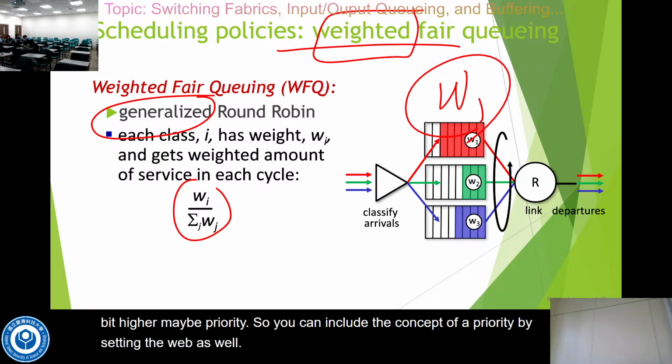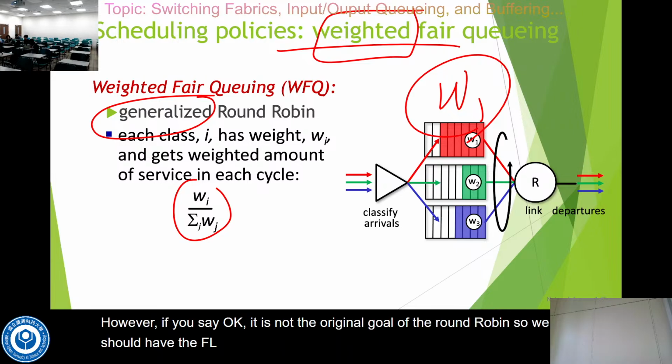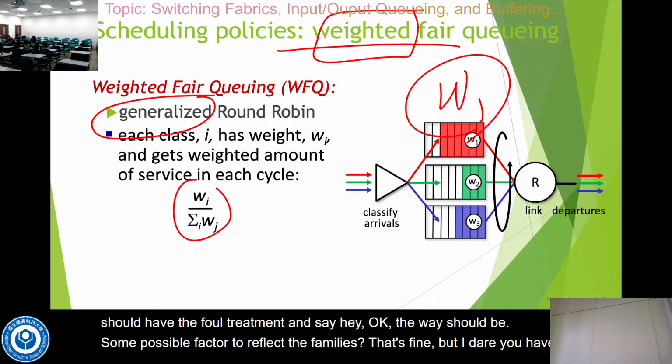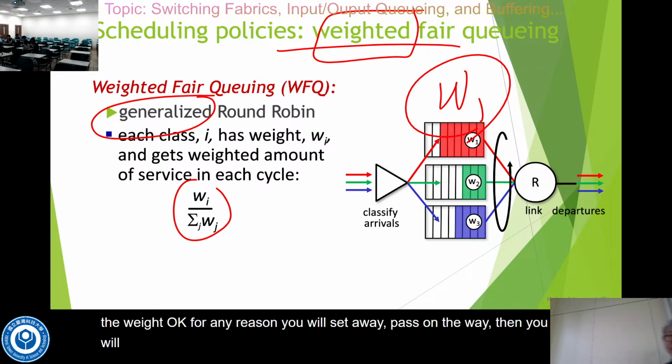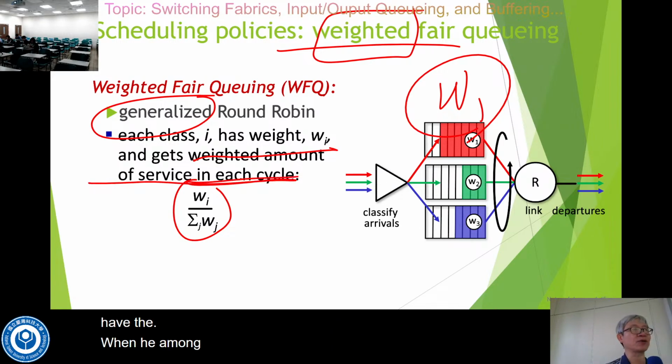However, if you think that is not the original goal of round robin, which should be fair treatment, then the weight should be some factor to reflect fairness. That's fine. For any reason, you set the weight. Based on the weight, you will have a weighted amount of service in each cycle.